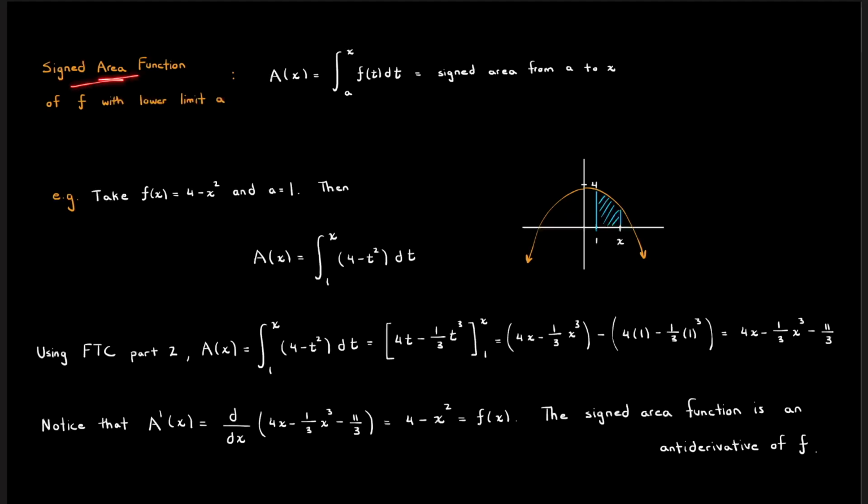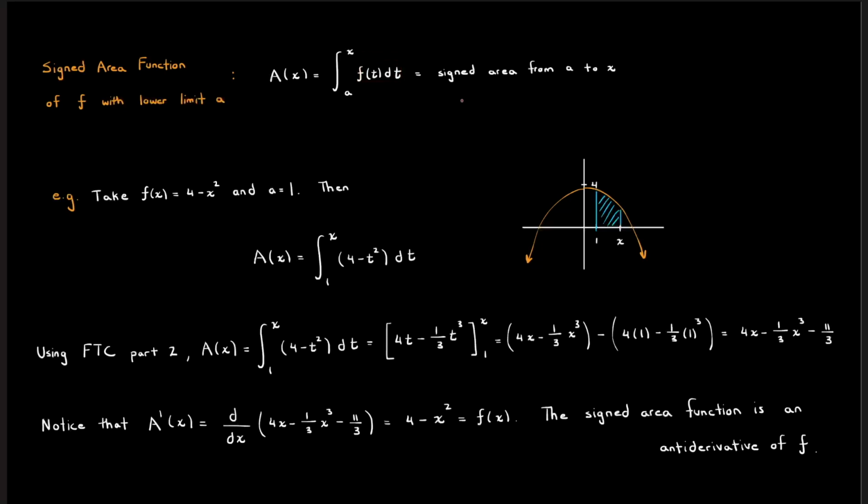So a signed area function of some particular function lowercase f with lower limit a is the following integral function. Let's call this signed area function A of x. The variable of this function is x, and it's defined as the definite integral from this fixed lower bound a to this variable upper bound x that you're allowed to change, of f of t dt.